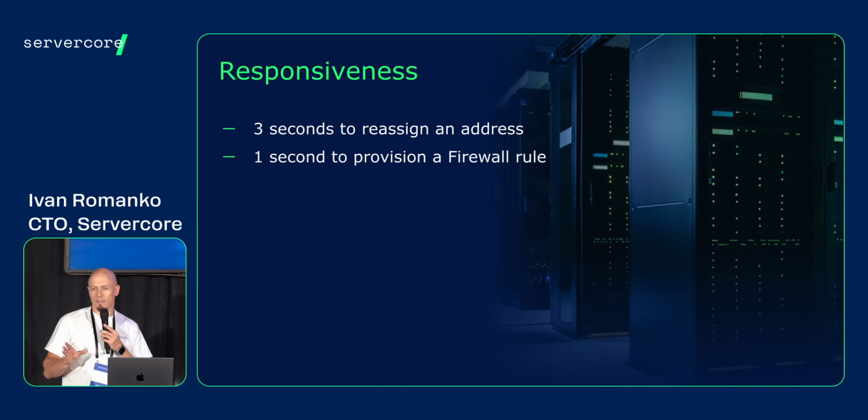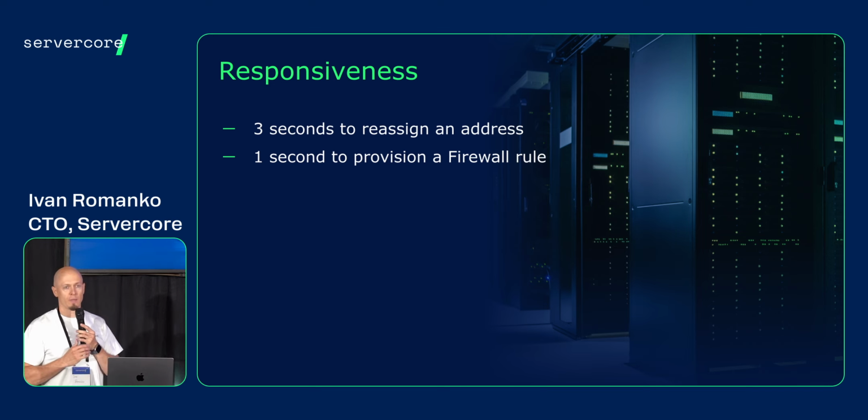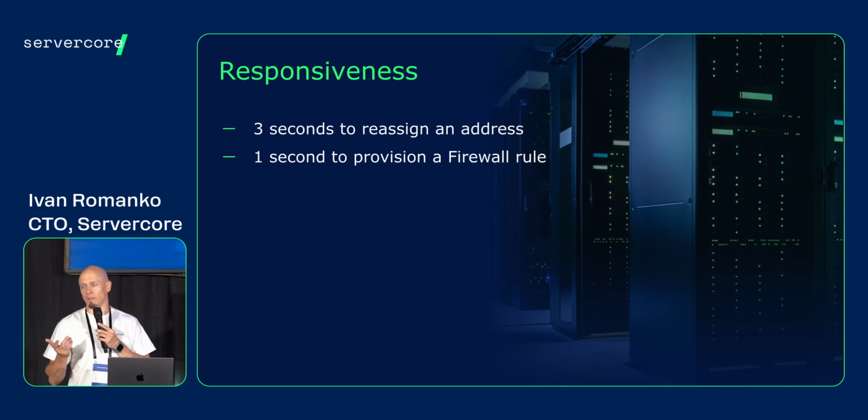This responsiveness of operations through an API enables us to build different scenarios, like high availability scenarios. For instance, when you use Kubernetes to launch something in a cloud, Kubernetes knowing how these IP addresses work will utilize that.